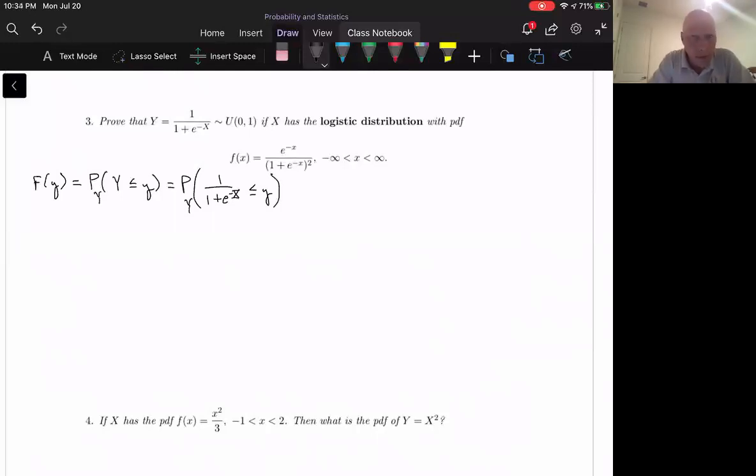And then what's left is to solve for x alone. So you have to be careful with your manipulations. So let's take it a step at a time. I'm going to multiply the denominator through. So this gives us the probability of 1 less than or equal to y times 1 plus e to the negative x.